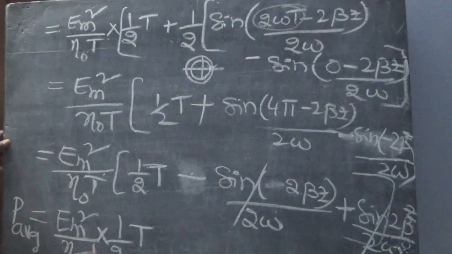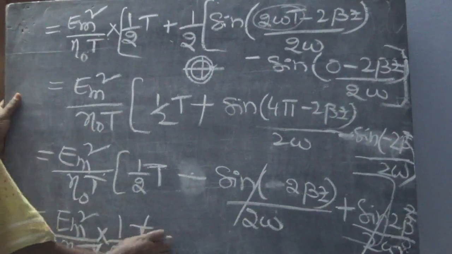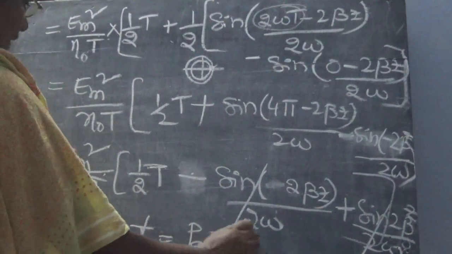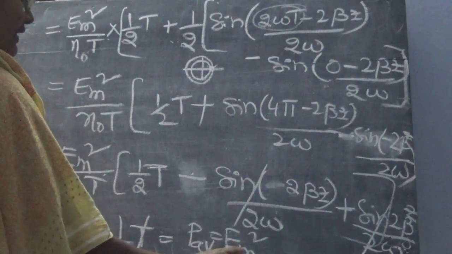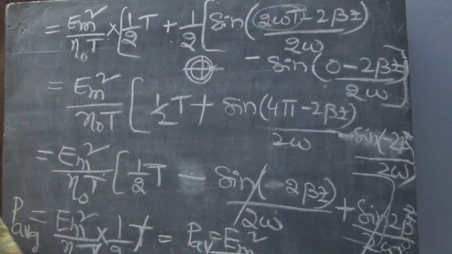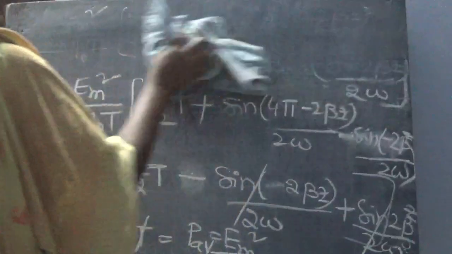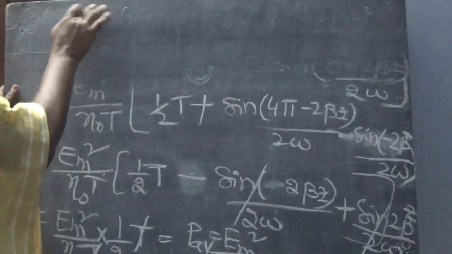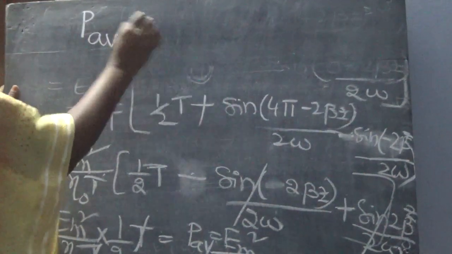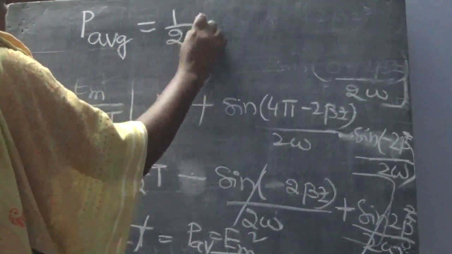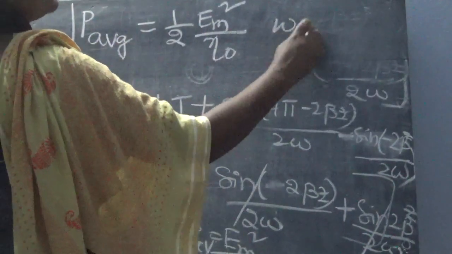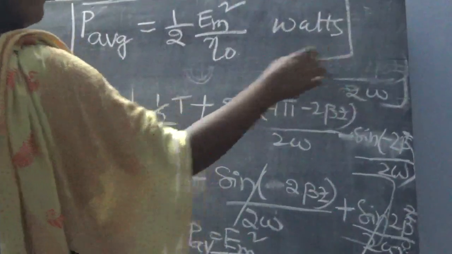Now we have one t here, t will be cancelled out and P average will be Em square divided by eta naught into 2, that is half Em square by eta naught. Let me write here clearly. So what is the average power? Average power flown out of the volume is P average, which is nothing but half into Em square by eta naught watts. So this is the average power.